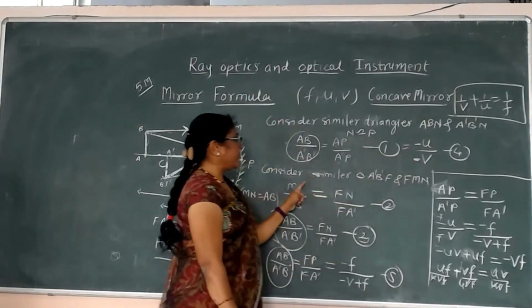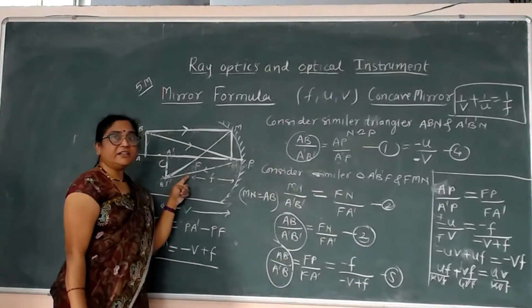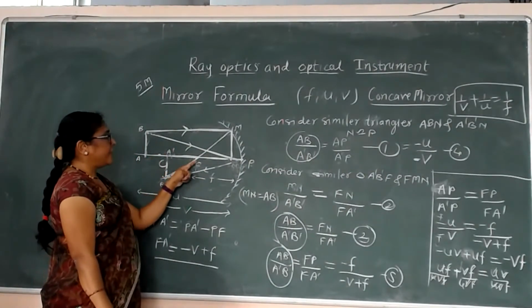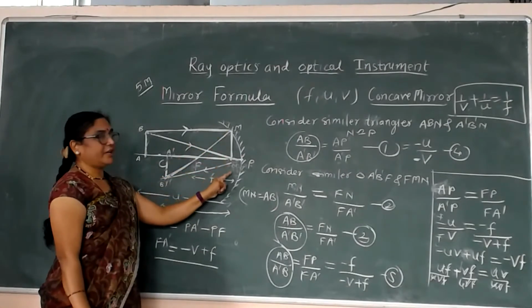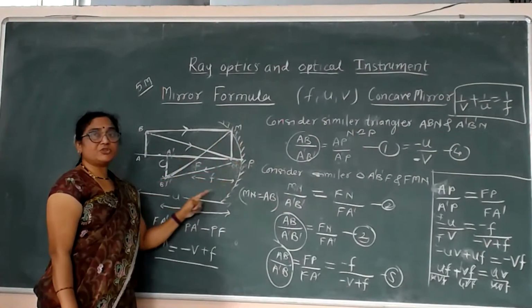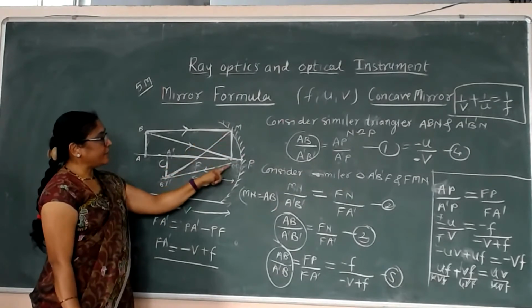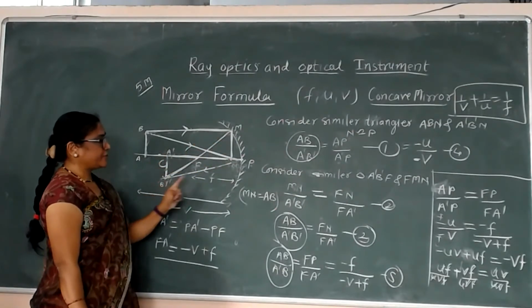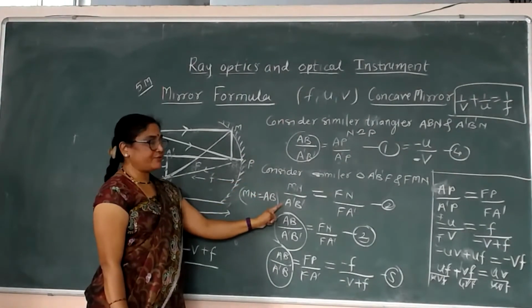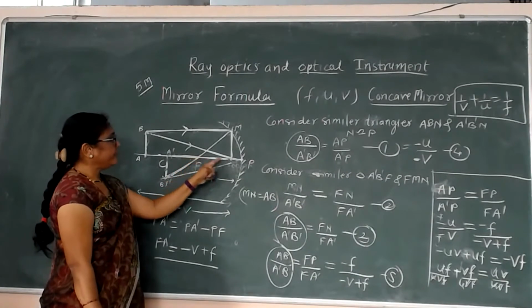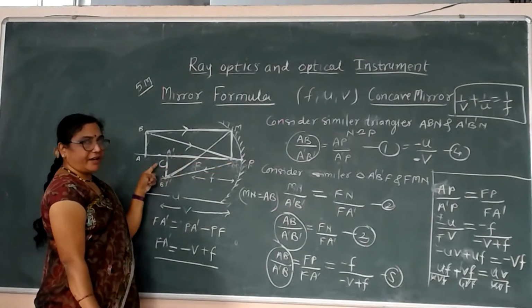For the second part, we consider another two triangles: A dash, B dash, F, and the other one is F, M, N. When we compare these two triangles, again we compare the similar sides, that is MN divided by A dash B dash is equal to FN divided by FA dash.